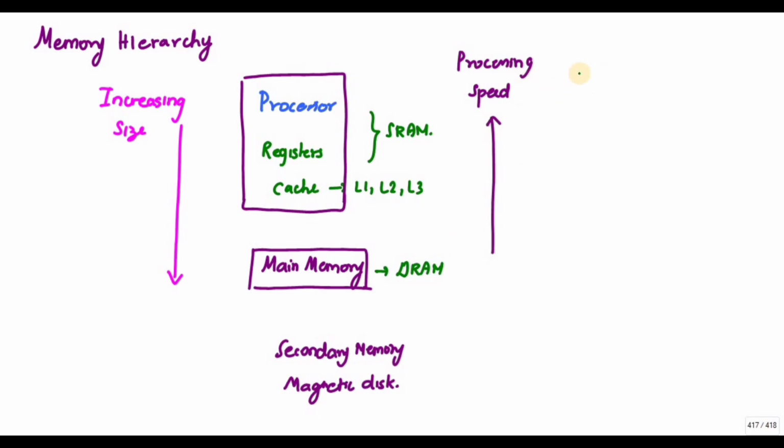As you know, the floppy disk or magnetic disk costs very little compared to the processor register, right? So if you see the cost per bit, it will also be in this direction.